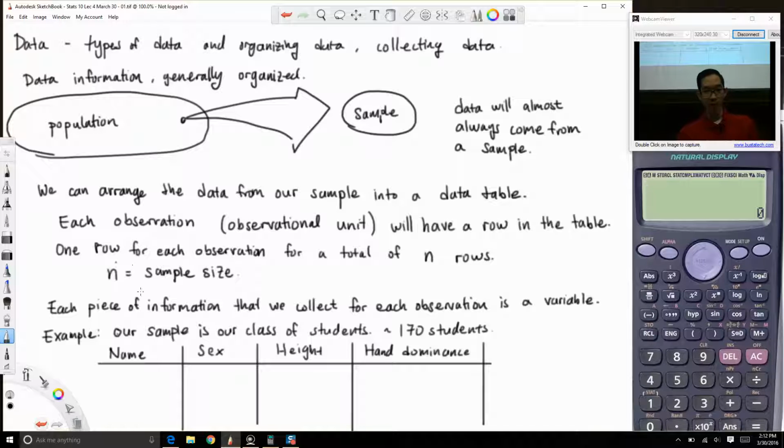Okay, and so we can start off with, I don't know, I'm just going to make up names here, all right? Tracy is female. She is 5'3", so that will be 63 inches, and she is right-handed. Oh, let's throw in another column here. We'll say age.